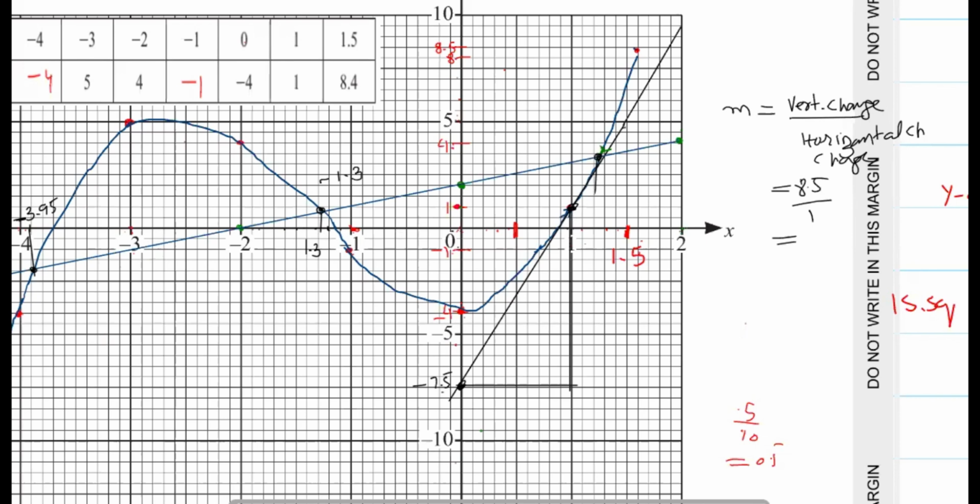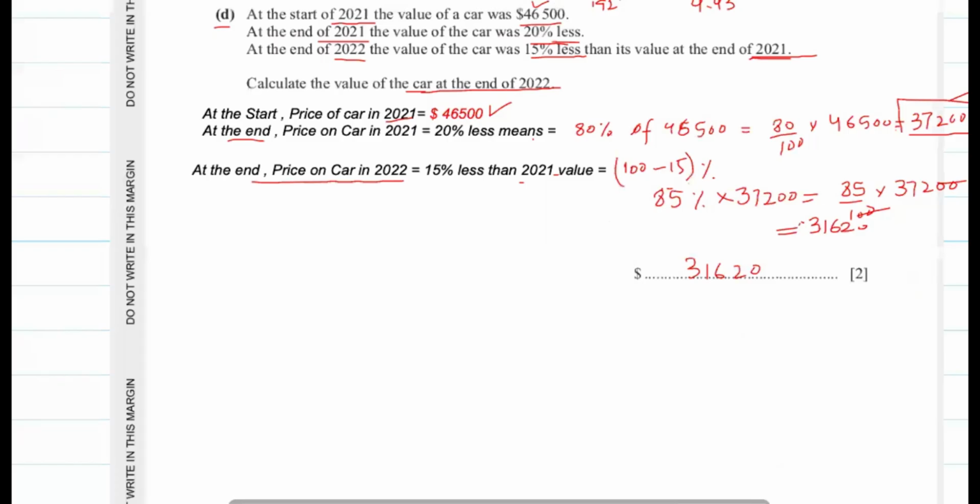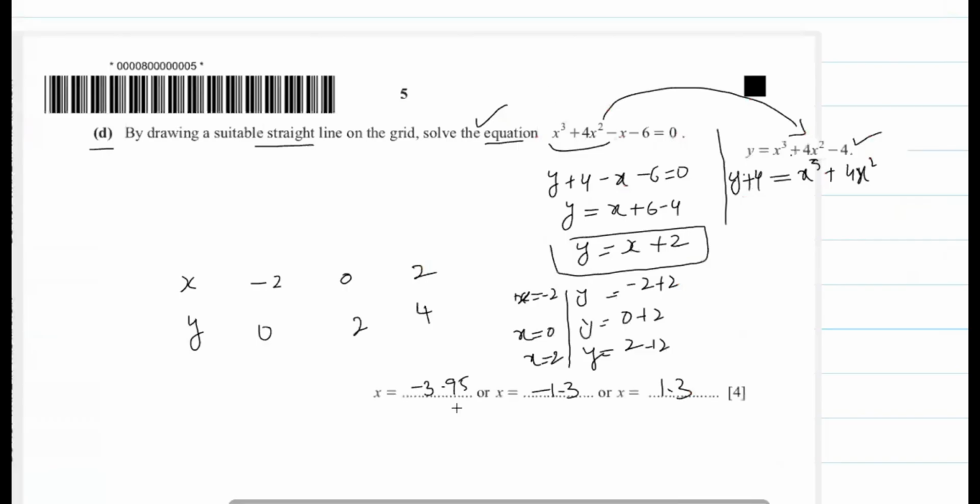And look here, this is the point where the graph and line intersect. This position is x equal to -1.2. Therefore, the answer will be x equal to -3.95, -1.3 and 1.2. And this is the solution of the equation.